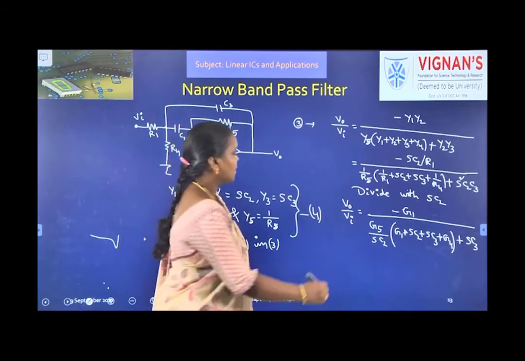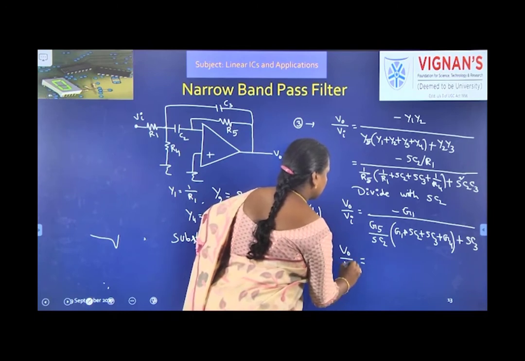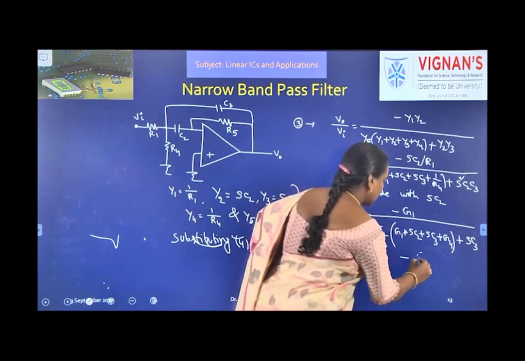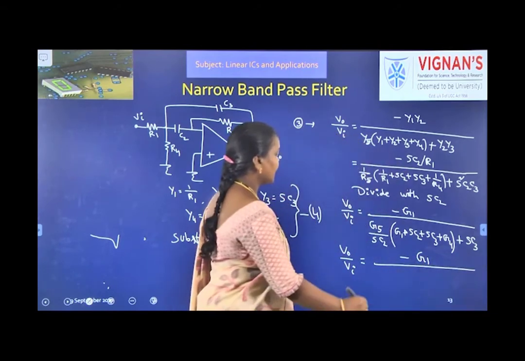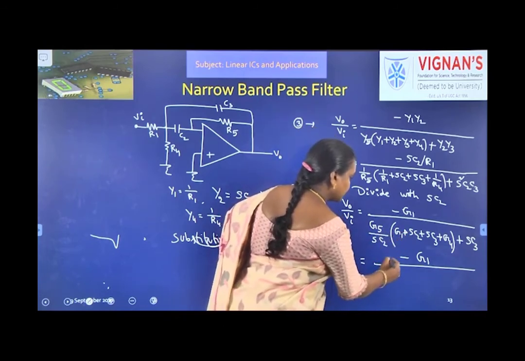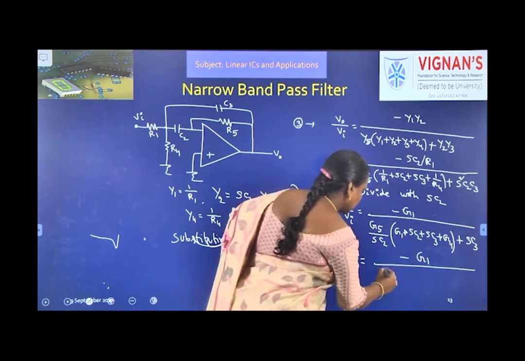Okay. Now if I simplify further, so what is the expression? Minus G1 by, here S and S get cancelled in these two terms.